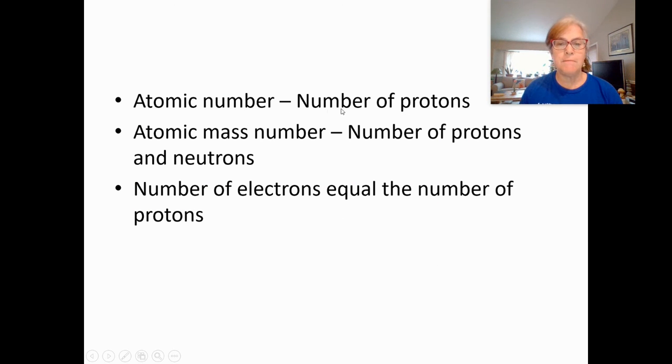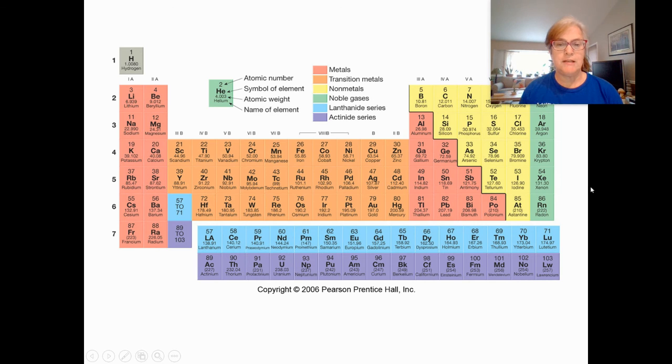So the atomic number is the number of protons, and the atomic mass number is the number of protons and neutrons. So it tells you how much the atom weighs. And if the atom is neutral, then the number of electrons is equal to the number of protons. So let me say that again. If it is neutral, which means it has no charge, then the number of electrons is equal to the number of protons.